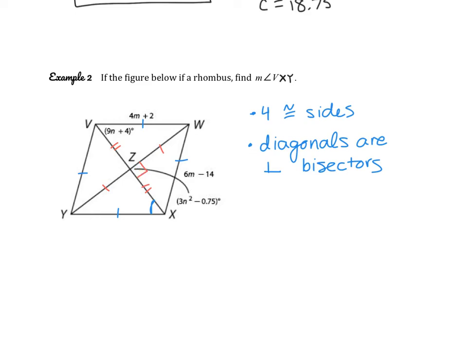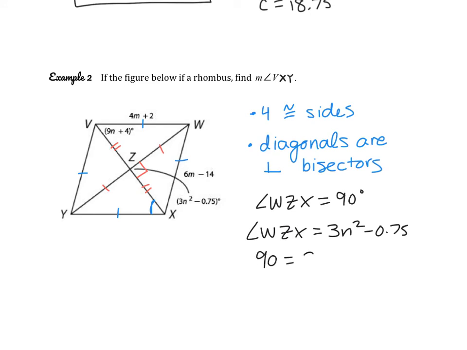So since I know this is a 90-degree angle, I can say angle WZX equals 90 degrees because it's a rhombus. We can say angle WZX equals 3n squared minus 0.75. So that means that 90 equals 3n squared minus 0.75.